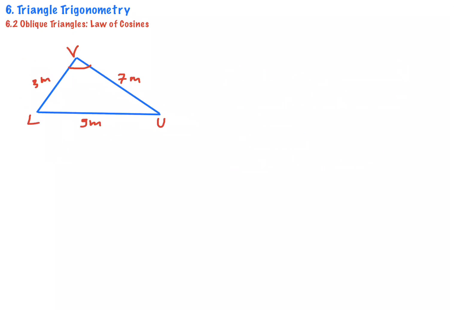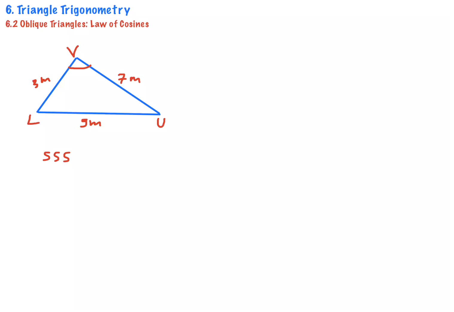So consider that we are given the triangle LUV that has the configuration of 3 meters, 9 meters, and 7 meters, and we were told to find the angle of V. So we can tell that this is a configuration of triangle SSS, because all of the sides are given.